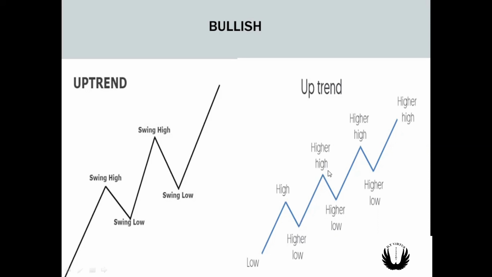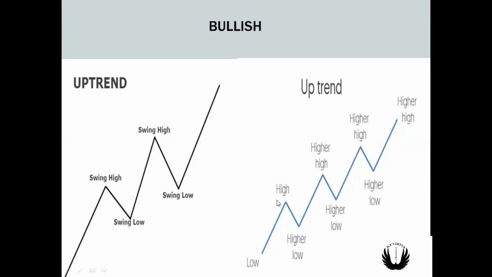So we have two conditions now. For the highs, the high must be higher than the previous high, and the low must be higher than the previous low. So the high must not be lower than the previous high, and the low must not be lower than the previous low.